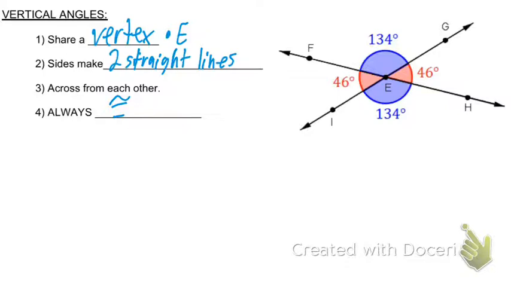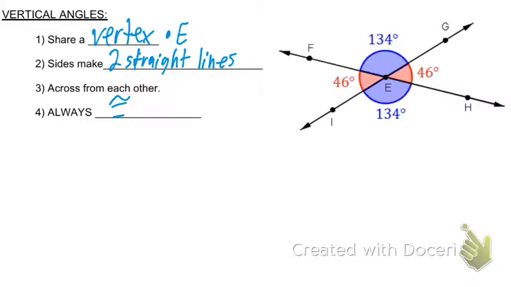Let's look at this example here before we flip the page, okay? So in red here, angle FEI and angle GEH are vertical angles. They share the vertex E. Their sides make two straight lines. If you look at side EF and side EH, do they make a straight line? Yeah. Side EI and side EG make a straight line.